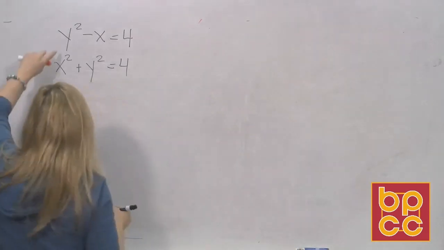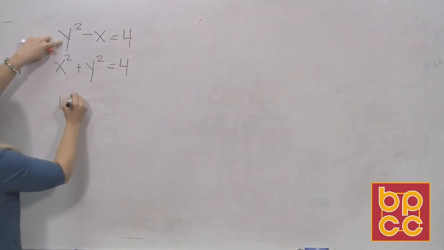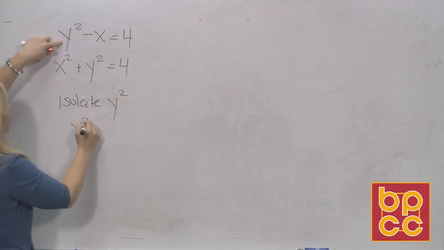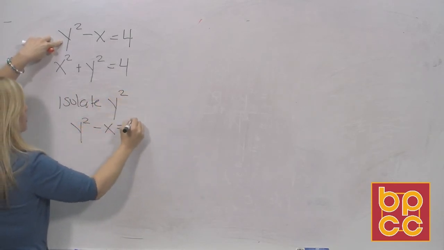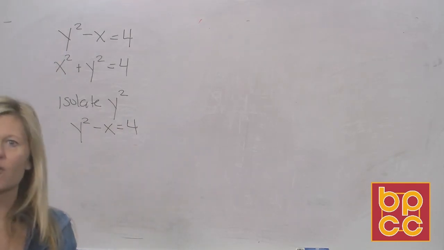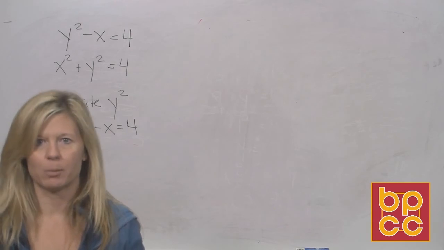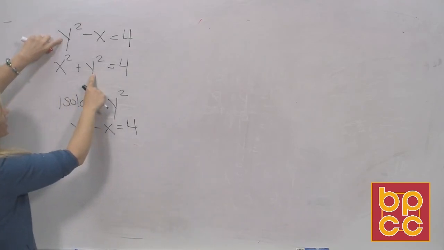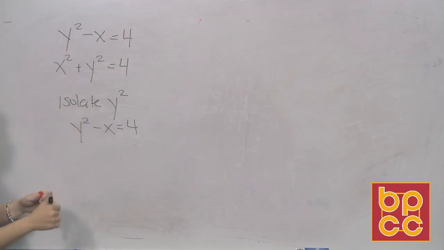And if you take the top equation and isolate y squared, you could have that done in one step. So when you do substitution, it doesn't mean to get x by itself or y by itself. It means to get any variable by itself. Because both these equations have a y squared in common, that would be the variable that I isolated.